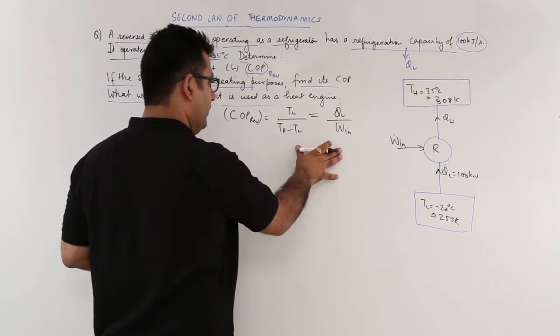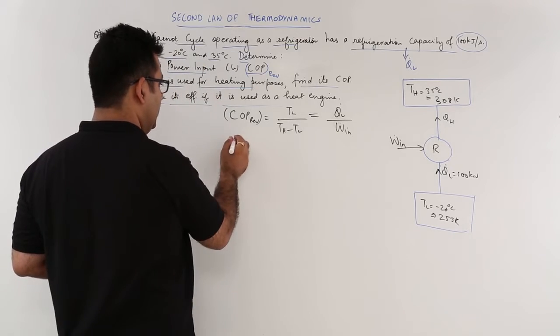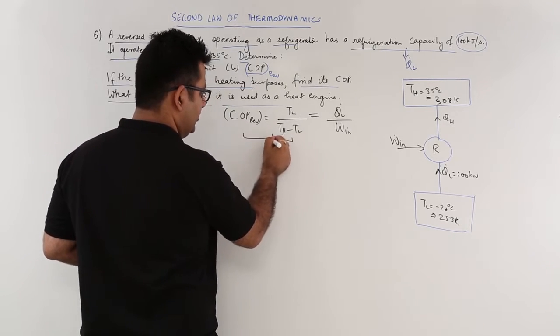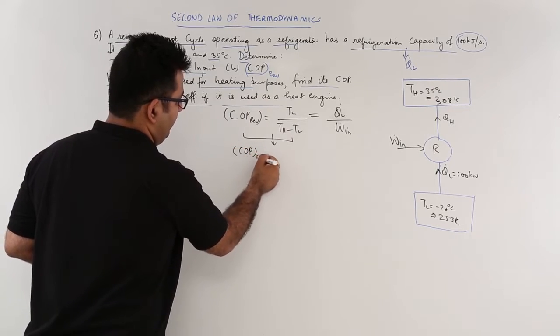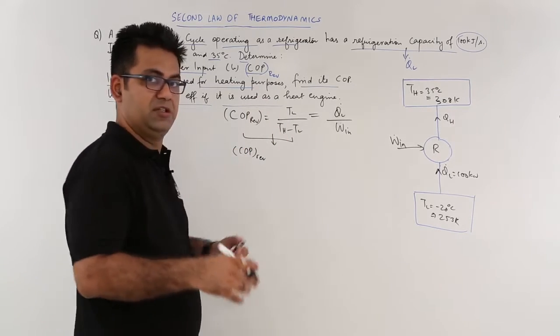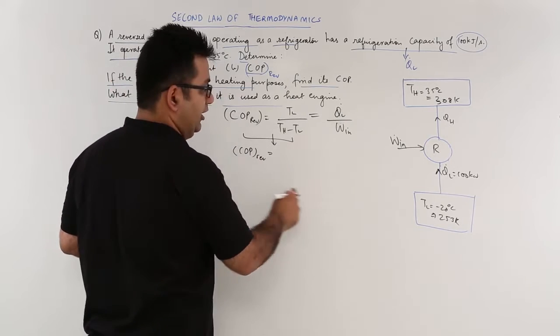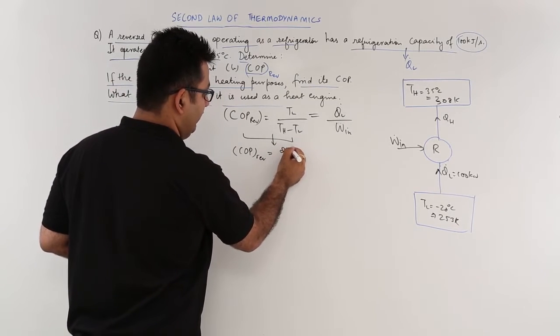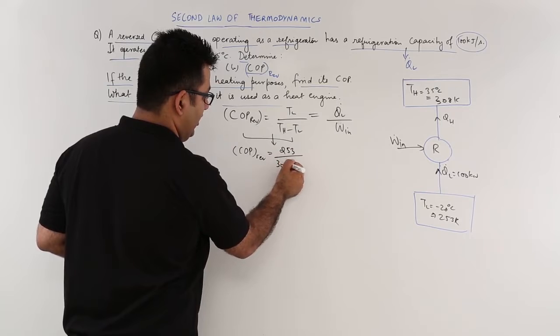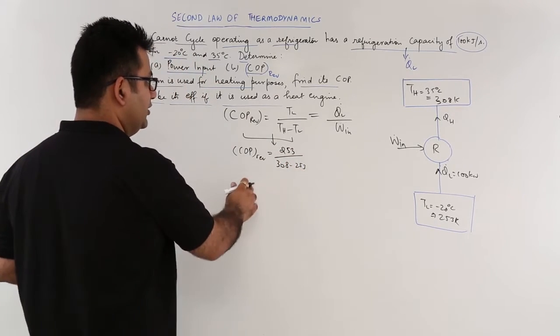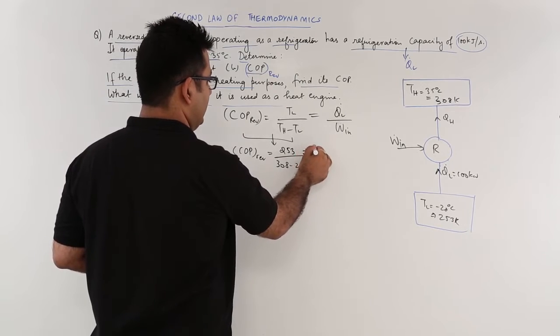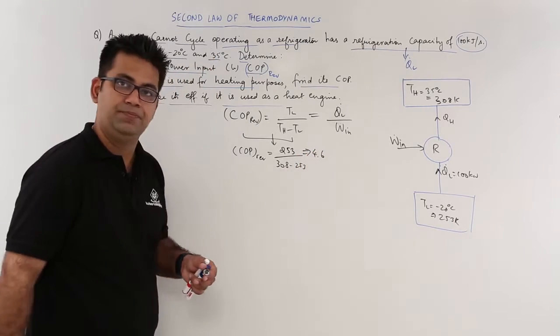So let's find out this value first. COP of a reversed Carnot cycle: TL is 253 upon 308 minus 253. So the value of this COP comes out to be 4.6.